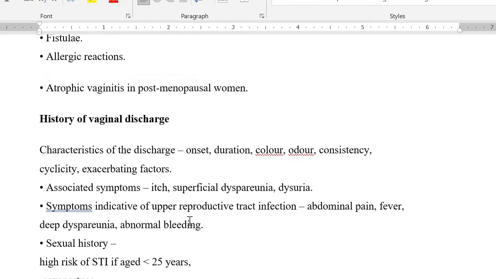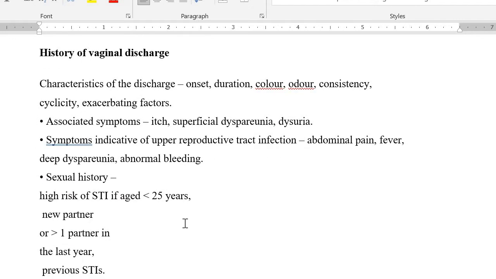So the patient has come to you. The most important part is to take a good history. You need to tell the patient that whatever she says is totally confidential. If you do not reassure your patient, she is not going to give you any history. So you have to reassure her that her confidentiality is highly respected.